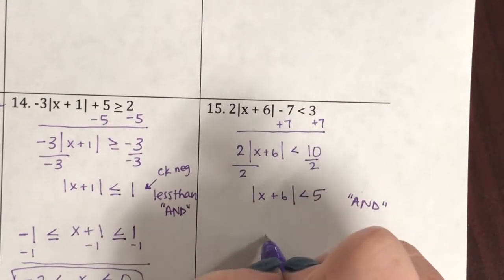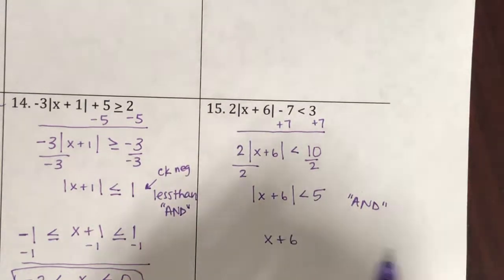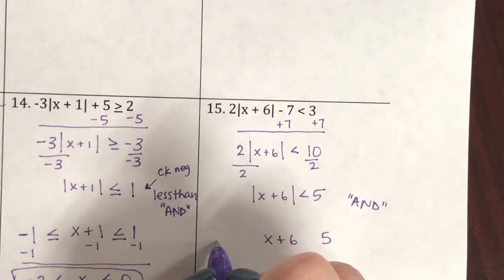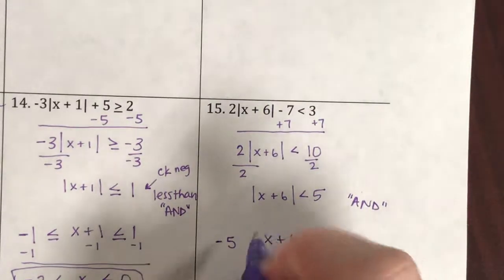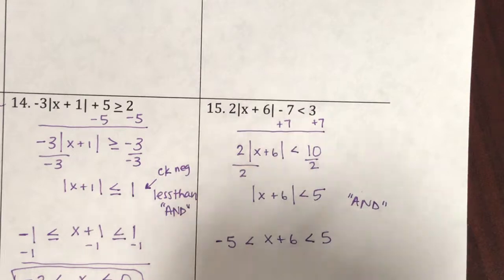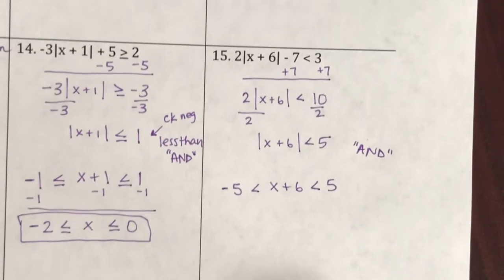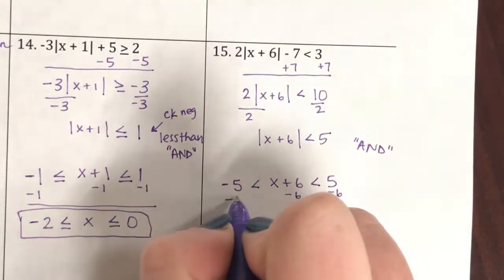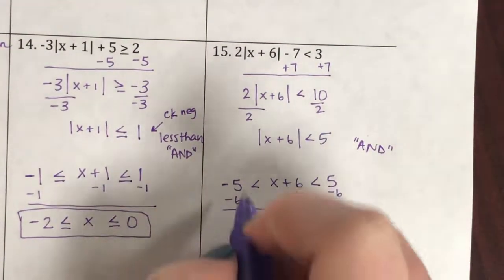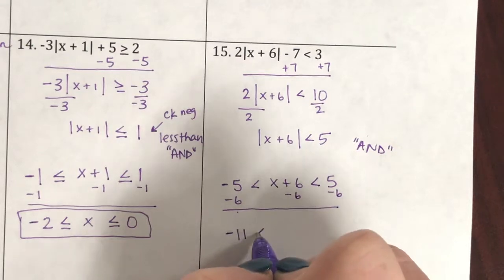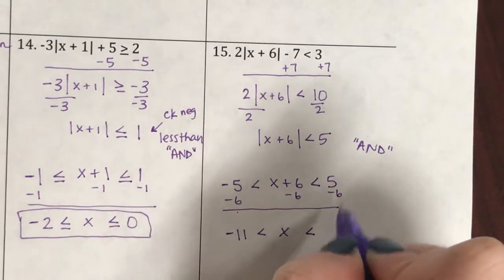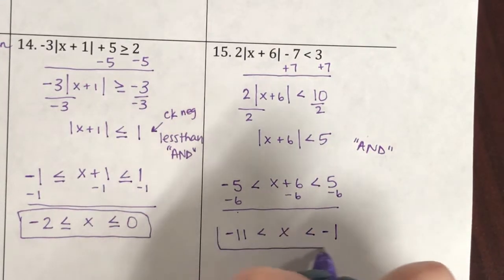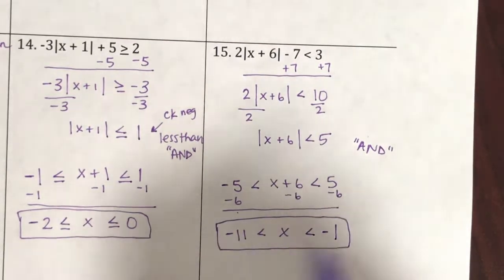So the x plus 6 comes out of the absolute value. I have 5 and -5. Both symbols are less than. And then I finish solving. And I get -11 is less than x is less than -1.